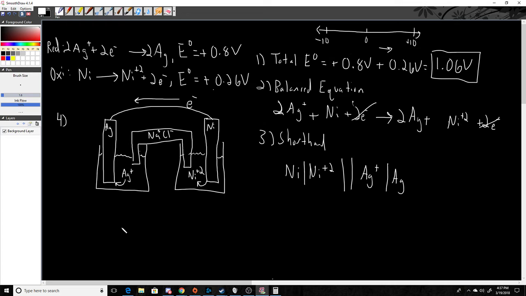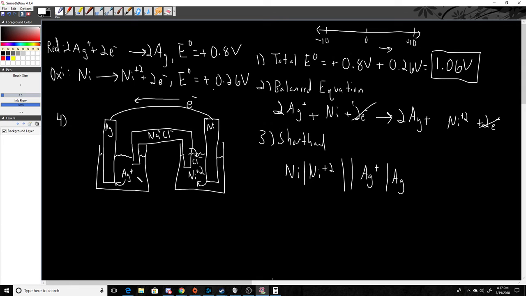We're almost done. I need to keep what's in the beakers neutral though. So over on this side, I'm increasing the number of positive ions in this beaker. That means from the salt bridge, I need to counteract that addition of positive ions by adding negative ions to the solution.